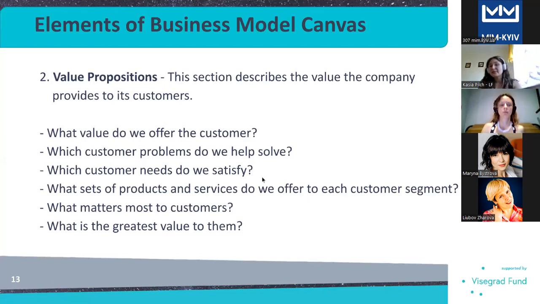Which customer needs do we satisfy? What sets of products and services do we offer to each customer segment? What matters most to the customers? What are the greatest values to them? Those are some questions that might be helpful while developing. You can answer one of them or all of them, whatever works for you.